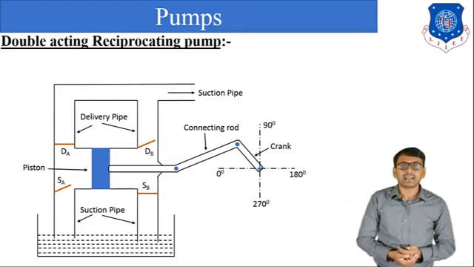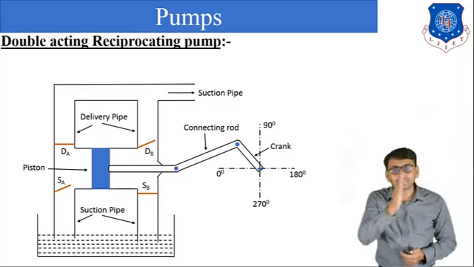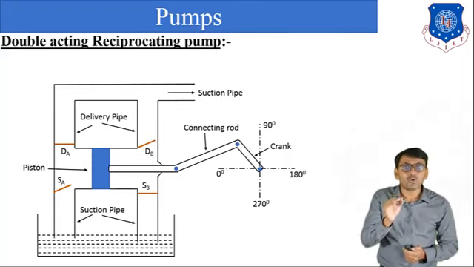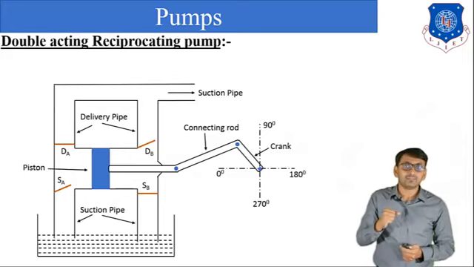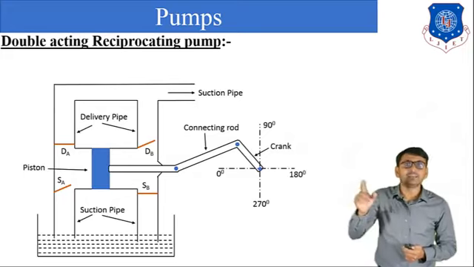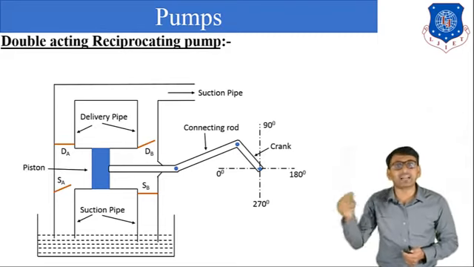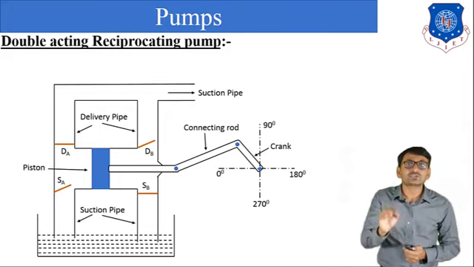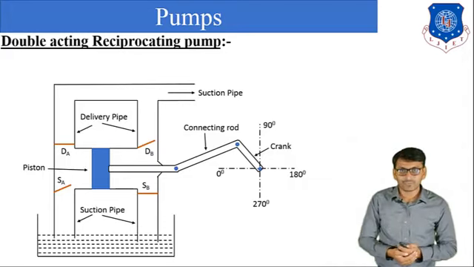So during the forward stroke, SA and DB valves open, water enters and water exits. Now in the second stroke, the piston moves to the left in the cylinder. So the water present at the left side of the piston, which was filled in the first stroke, is compressed. So the DA valve opens and water exits from the delivery pipe.